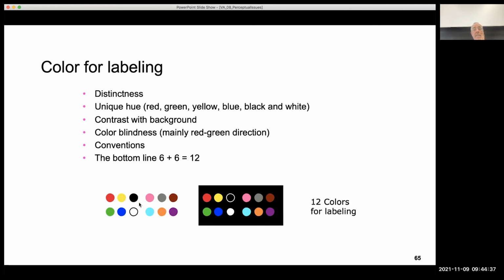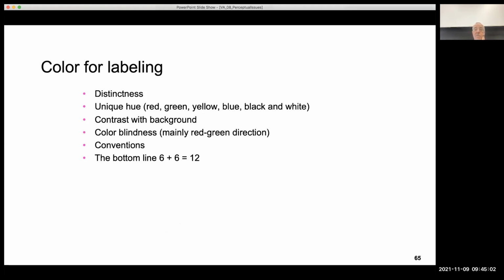And combining them in the most separated way, we have pink, gray, brown, orange, light blue, and violet. And we can come up with 12 different colors that are easily distinguishable. And when you put them on a background, you lose one of them, of course. So we have 12, 11, let's say 10 colors. That's why I say 10 here.